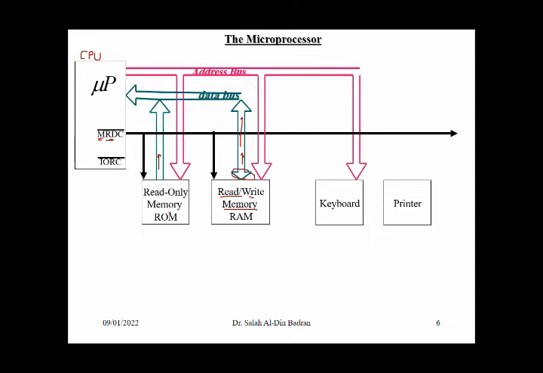And the same thing, we have another pin only for the input-output devices, I/O devices, for read control. So this control is to tell the keyboard that the microprocessor wants to read what this user is typing now, to pick it up to the processor to process it.